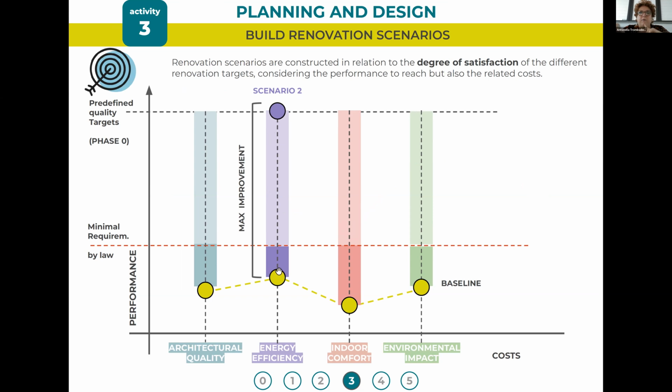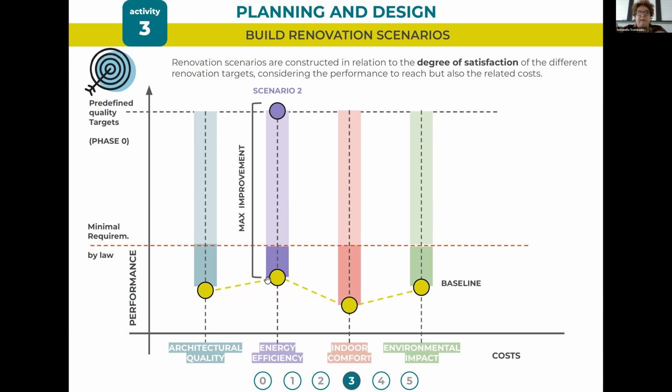For instance, if we put more emphasis, so we define our target, pointing the accent on energy efficiency, because it's not possible to transform the architectural aspect, as the building is a very historical one, so it's not possible to change the facade or introduce any other element of qualification of the envelope, and so on.